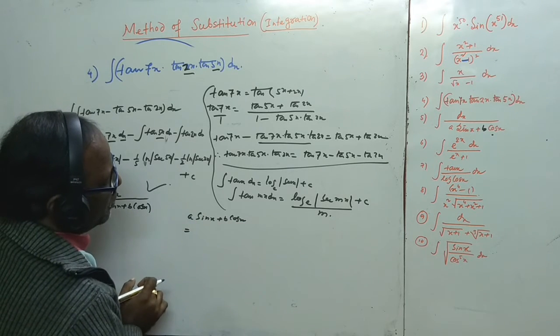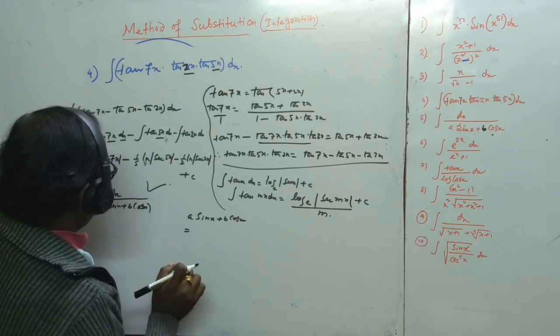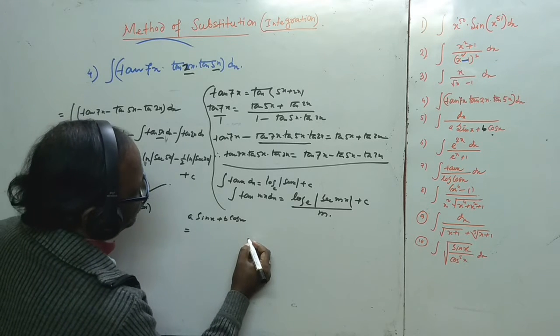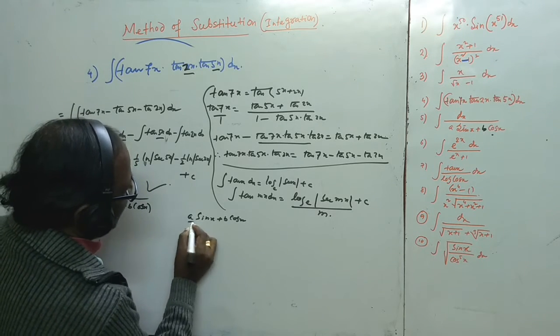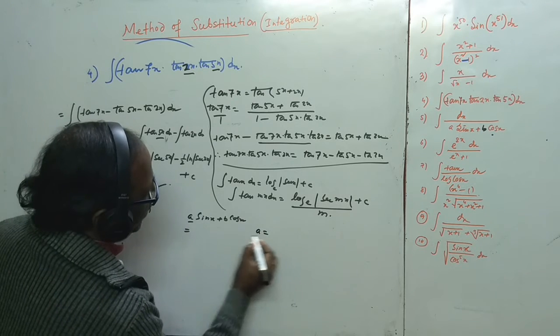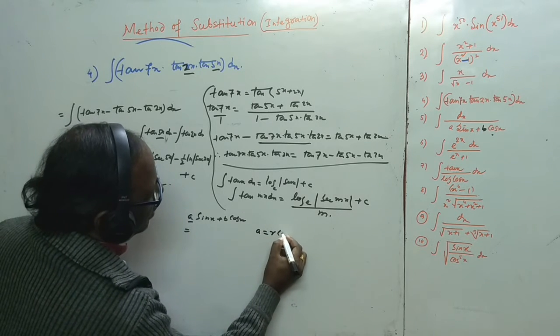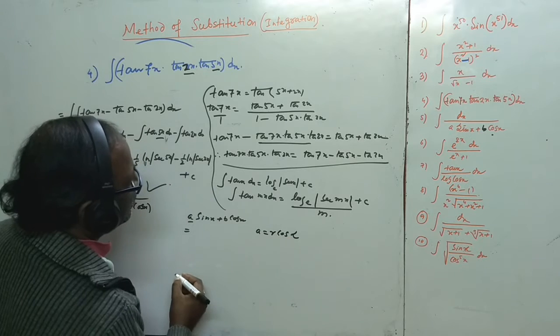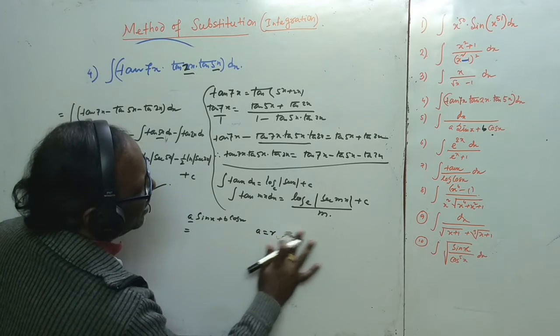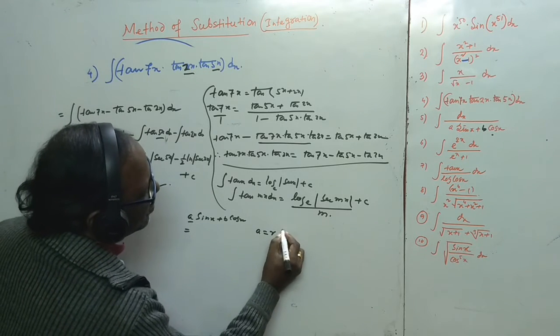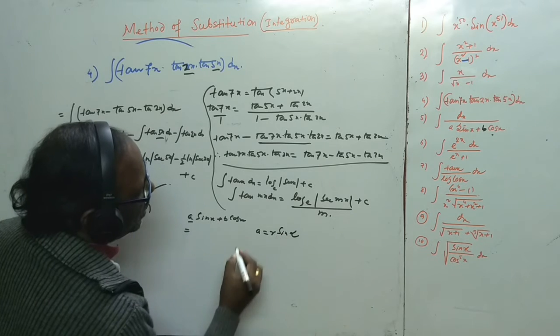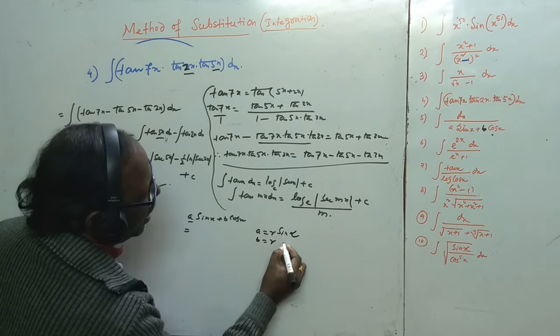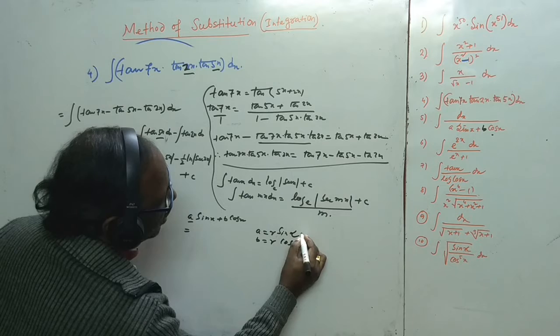This expression is completely in the form of sine or cos, okay. Now see, let us assume a as r sin alpha, okay, b is equal to r cos alpha, okay.